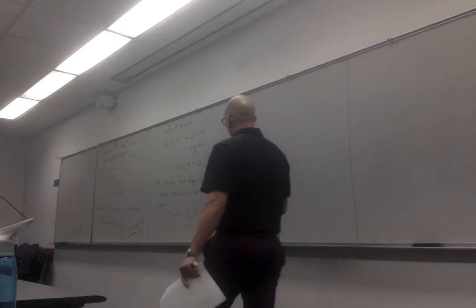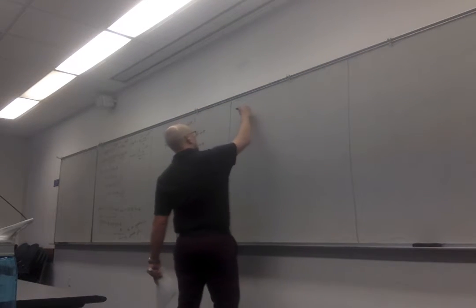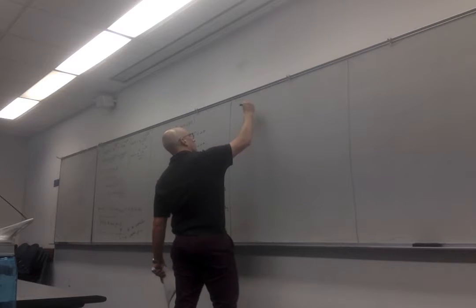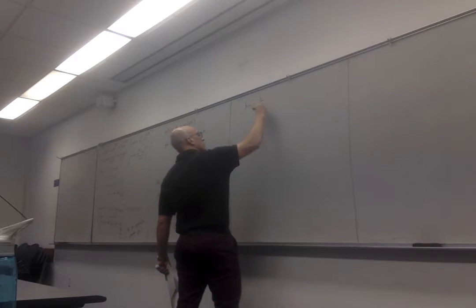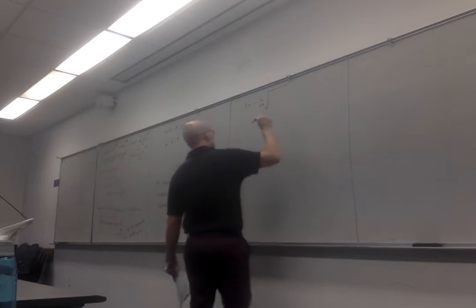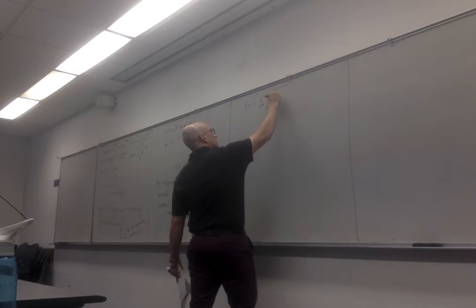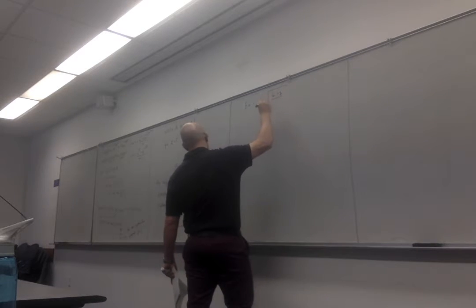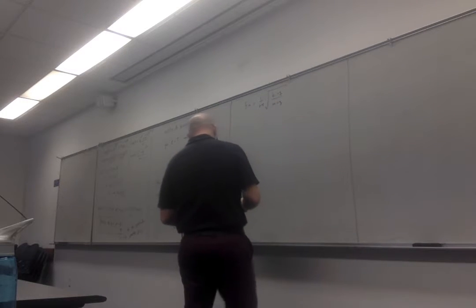Sometimes you can see a different form of this equation, okay? We can always transform it a little bit. How we do this is we multiply the top and bottom by the gravitational acceleration.